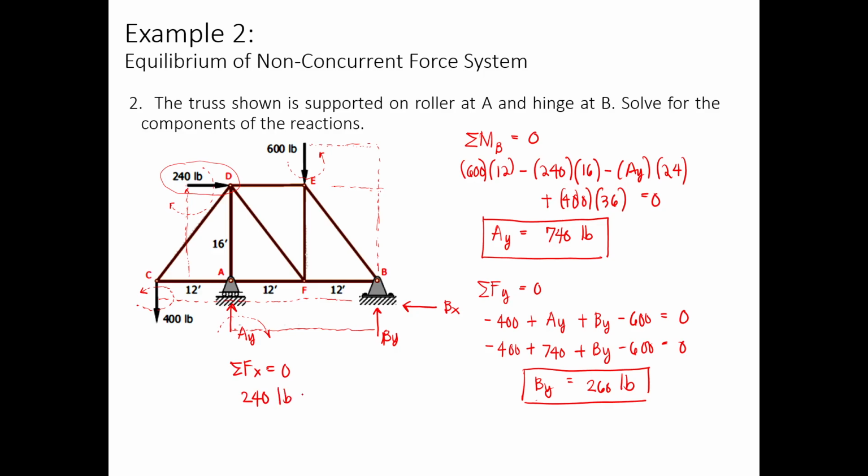But if you're going to verify this through the equation, 240 minus Bx, because Bx is going to the left, so Bx is equal to 240 pounds. So that's how you solve the reaction forces for your truss system.